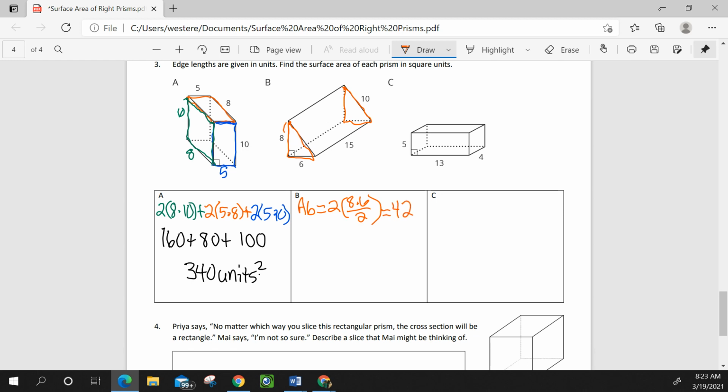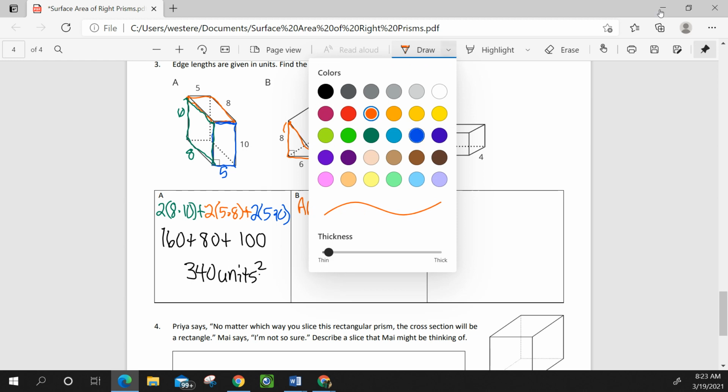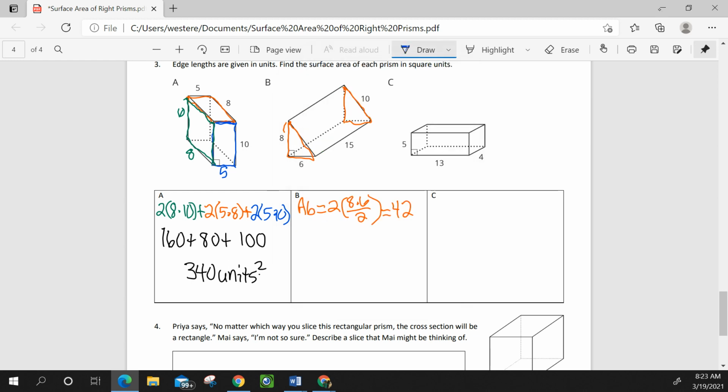Alright, now I need to look at these faces, right? So I have 3 rectangular faces. So I'm just going to kind of sketch out really quick what they should look like. So this first one is 8. This second one right here is 6. Oops, I'm in the wrong place.